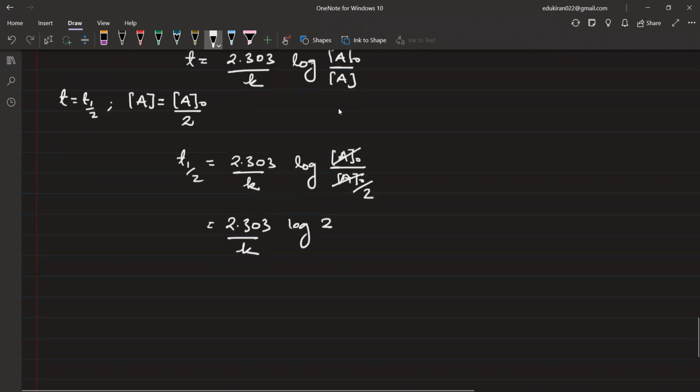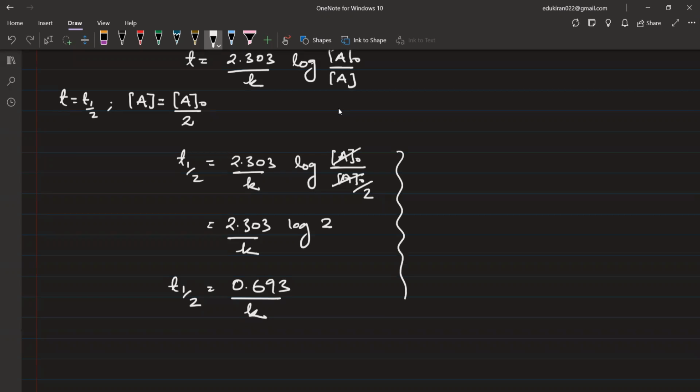Now this complete thing, 2.303 into log 2, is equal to 0.693 divided by K. So T half is equal to 0.693 divided by K. If you look at this particular equation, you can see that there is no term of the reactant. A naught is not present. That means the half-life of the first order reaction is independent of A naught.